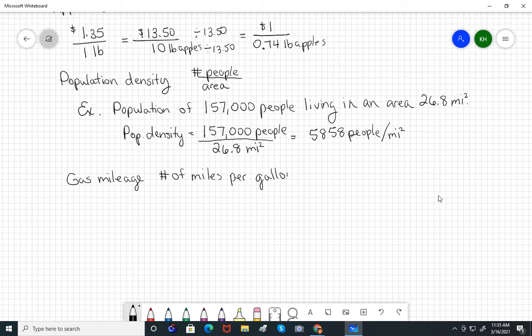Anytime you're reading something and you see this word per, think divide or divided by. So to get gas mileage, we do the number of miles divided by the number of gallons.